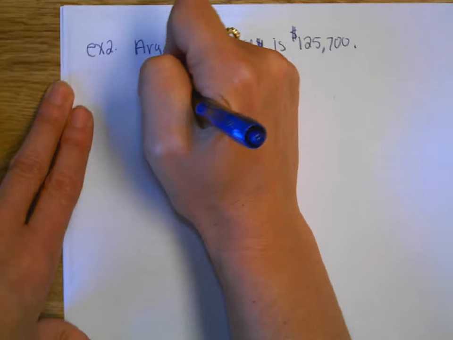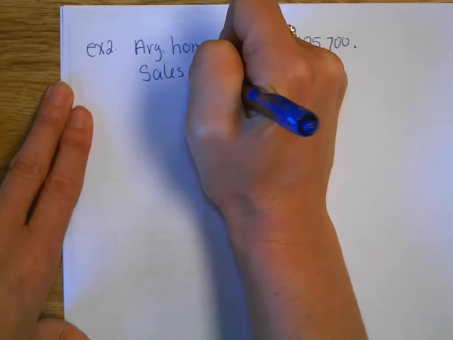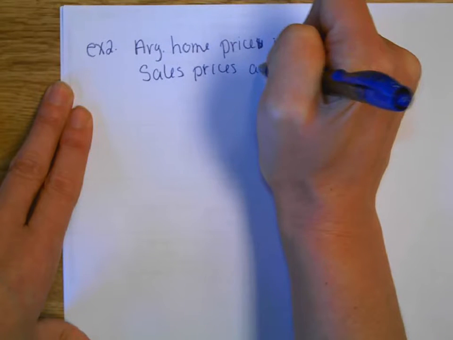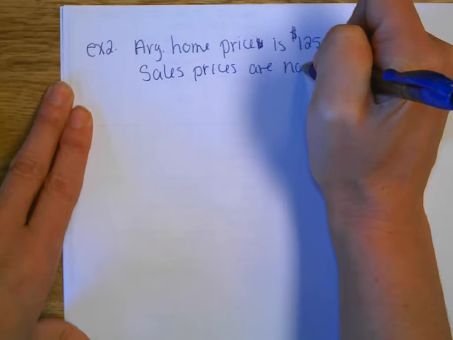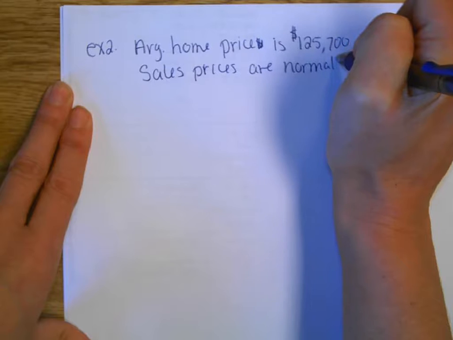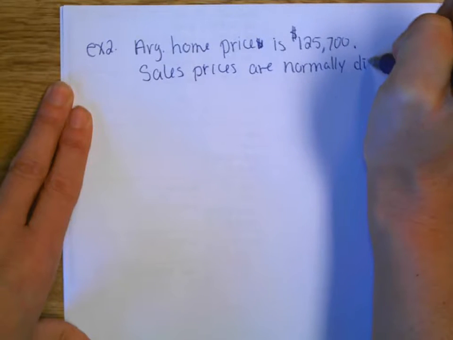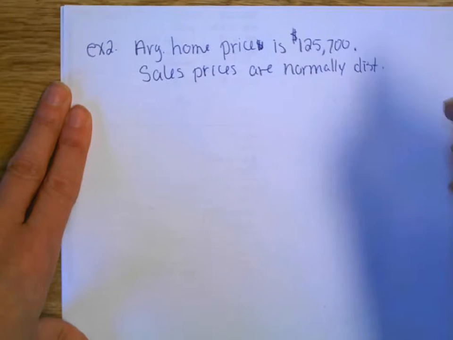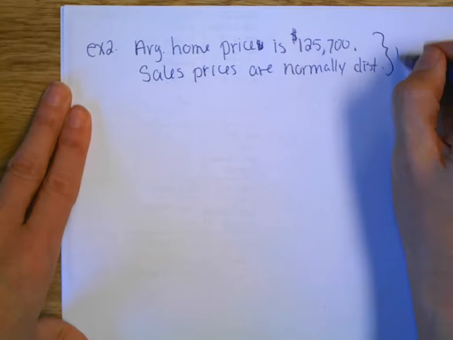The sales prices are normally distributed. Now, so that's all the information about your population that you're going to take from. Okay, it won't tell you that, but you have to understand that this is referring to the population.